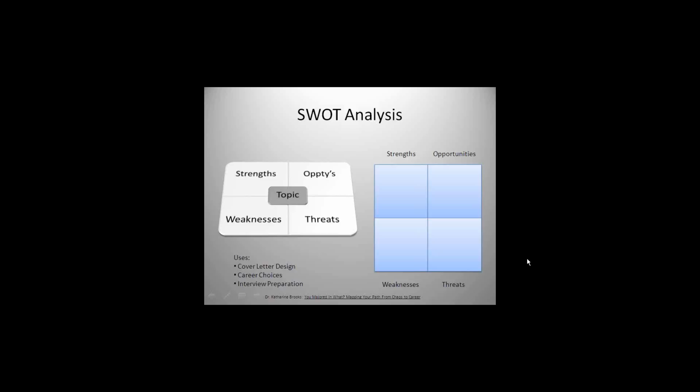And then the weaknesses. Some people are not crazy about using that word, and unfortunately they like challenges instead. Certainly feel free to use that, but I guess you'll have to call it a SWOT analysis then. The weaknesses side is, again, internal to the person. So what are their specific weaknesses or challenges? It might be that the job requires or recommends a certain major and the student doesn't have that.